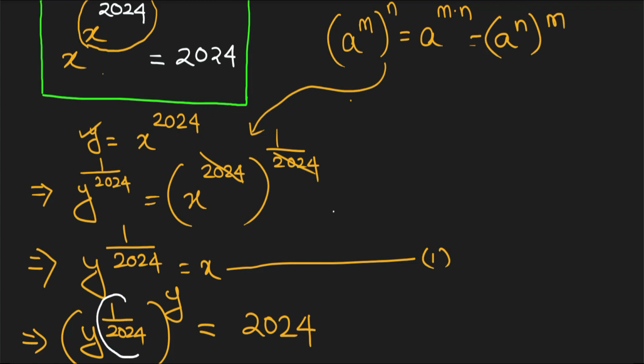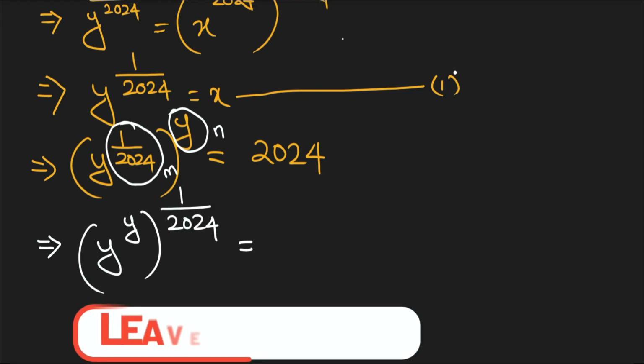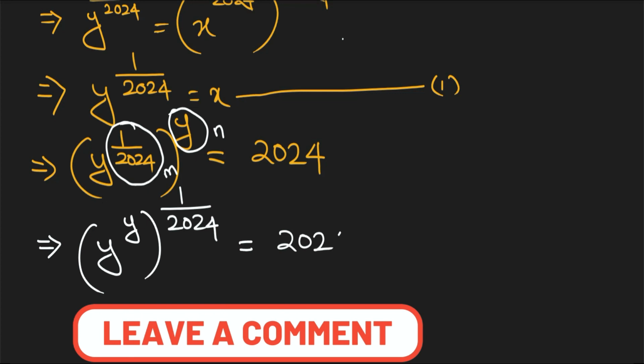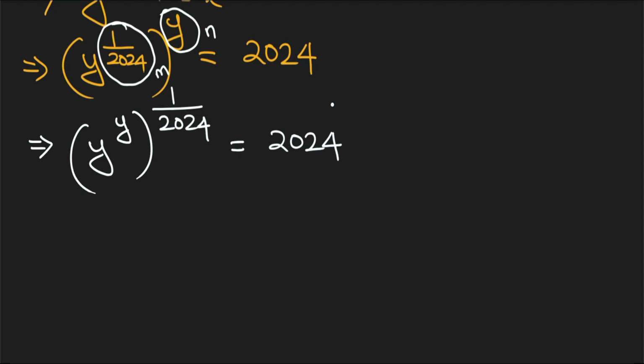If we consider this as m and this as n, then we can write the equation as y to the power m to the power n is equal to y to the power m into n is equal to y to the power n whole to the power m is equal to 2024.